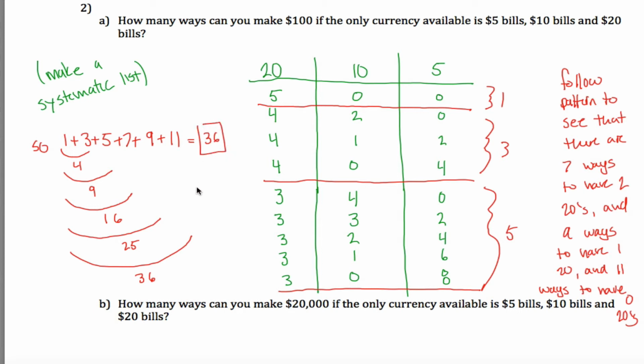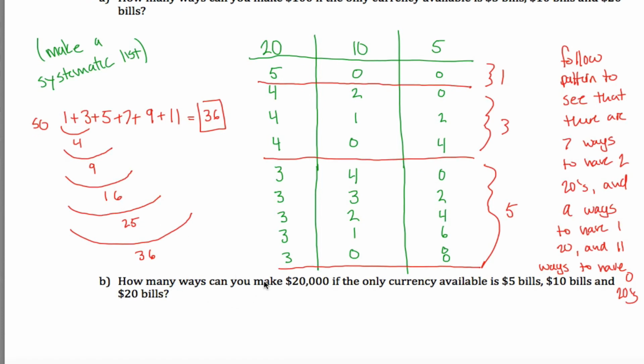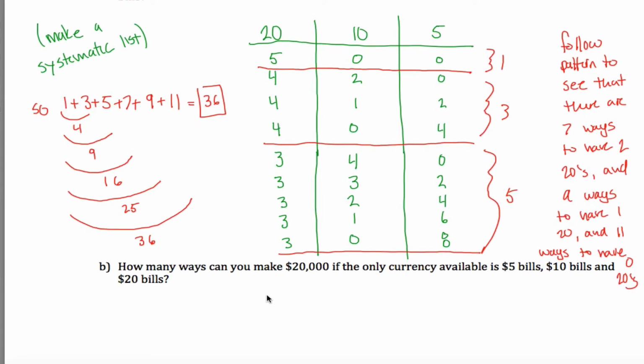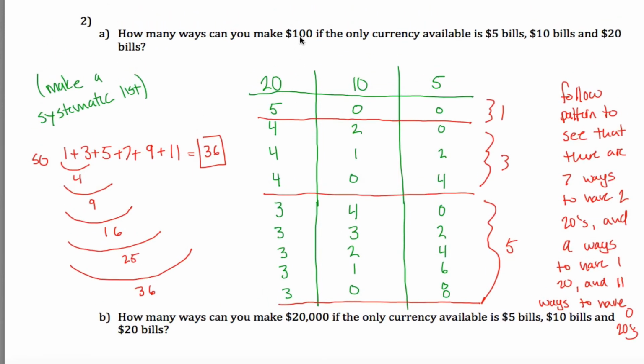But maybe more interesting is the pattern that I developed here, this idea of squaring numbers. And that'll be useful down here, because down here it says how many ways can you make $20,000 if the only currency available is $5 bills, $10 bills, and $20 bills. Well, let's see. Up here, I had to make 100, and the maximum amount of 20s I could have would be 5.